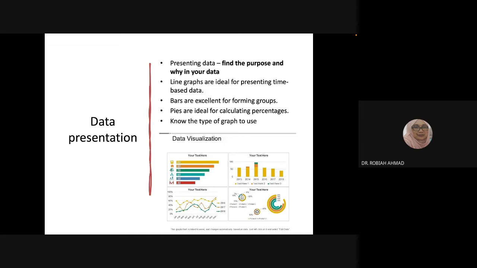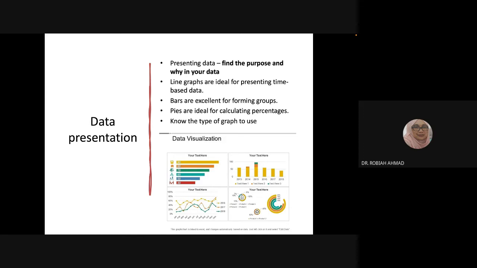So what we did is every quarter, I have to present the data to MQA, the Malaysian Qualifications Agency, about whatever data that I have on the application of APEL.